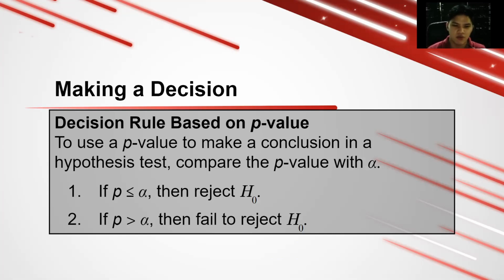Number one, if the p-value is less than or equal to the alpha, then we must reject the null hypothesis, or H0. However, if the p-value is greater than alpha, then we fail to reject the null hypothesis, or H0. So those are the two decisions that we will make based on the p-value.